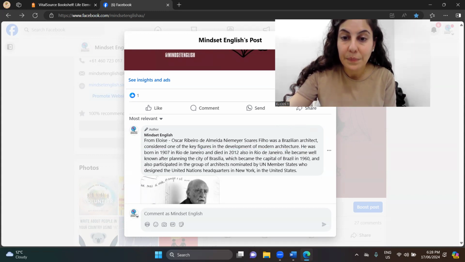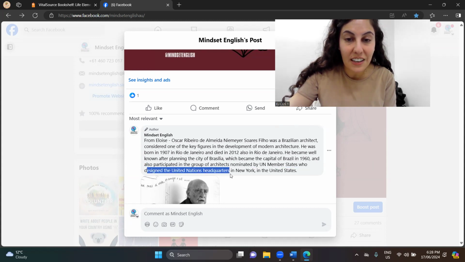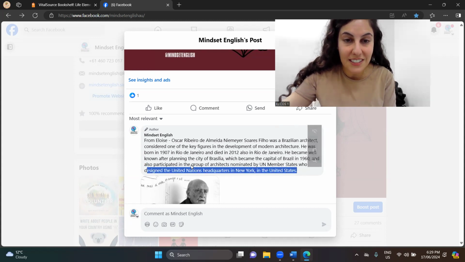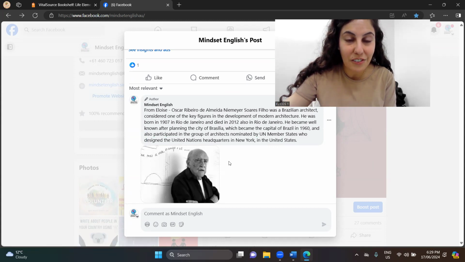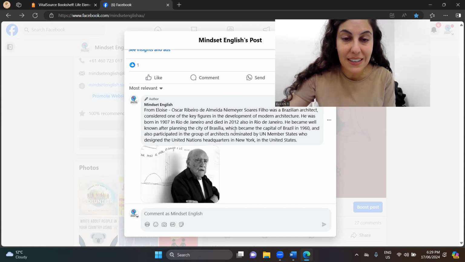He became well known after planning the city of Brasília, which became the capital of Brazil in 1960, and also participated in the group of architects nominated by UN member states who designed the UN headquarters in New York in the United States. And this is a photo of him. Okay, so we can see information about someone using the past simple verb.